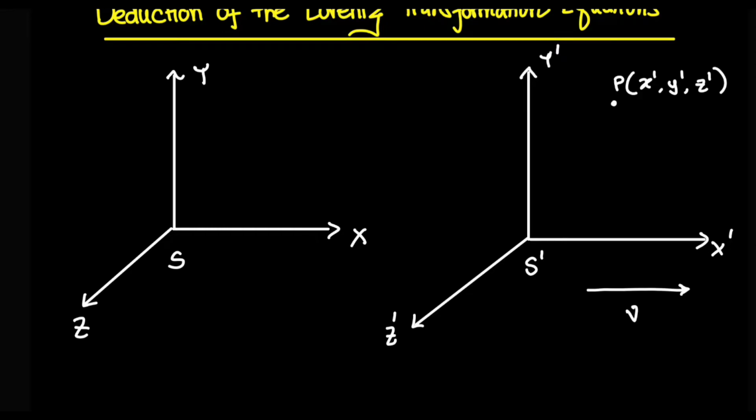Now see, by intuition, we could say that this length itself is x prime. So we could also say that from the frame of reference S, this entire distance is x. Okay, taking this into consideration, we can now start deducing the Lorentz transformation equations.